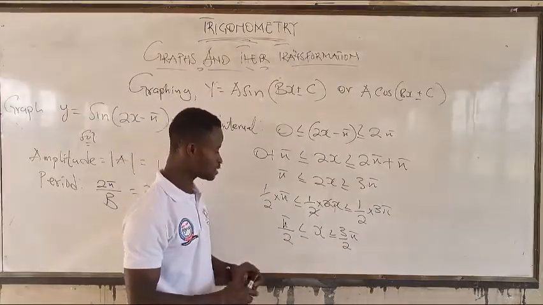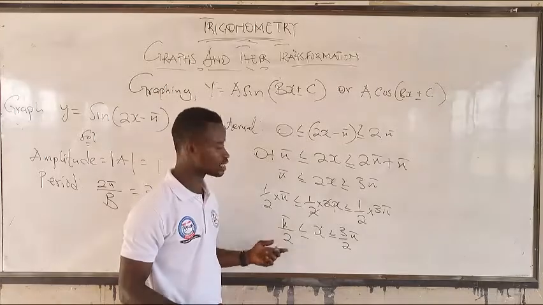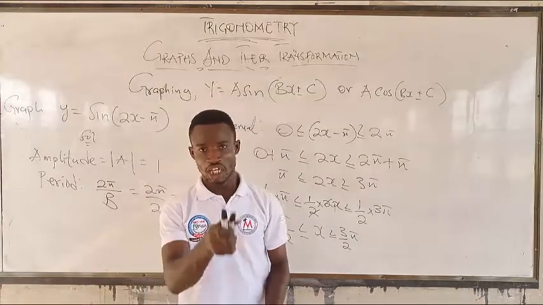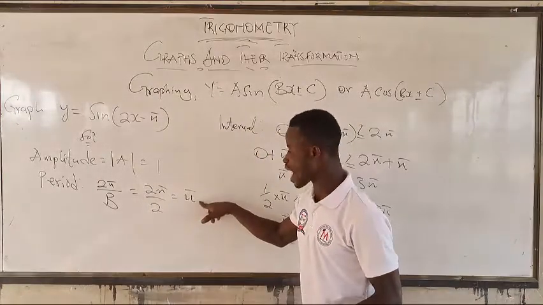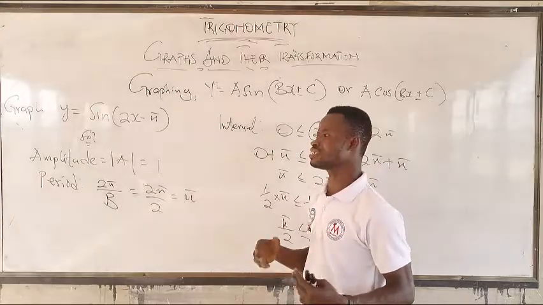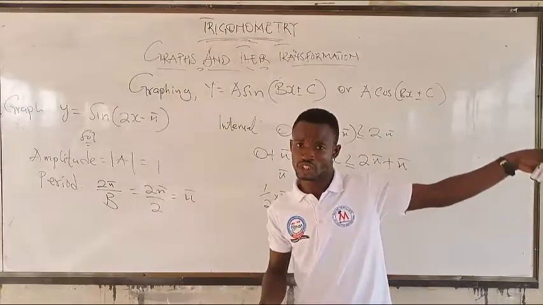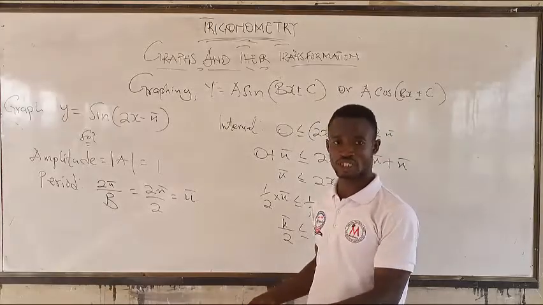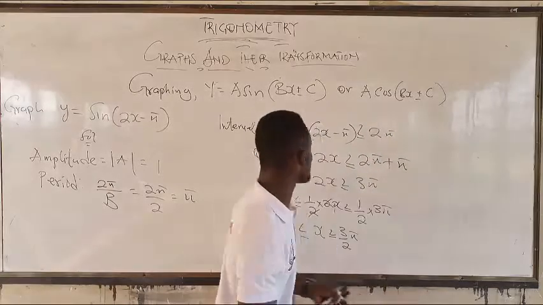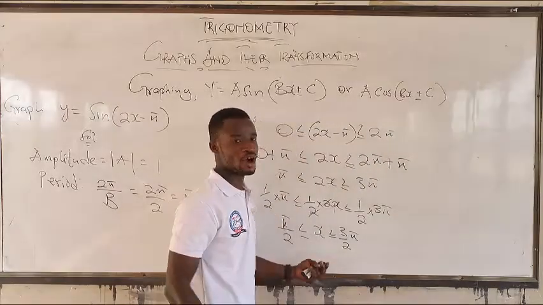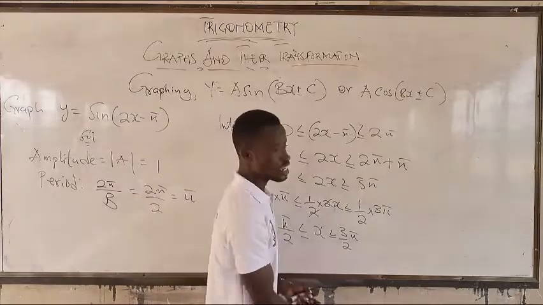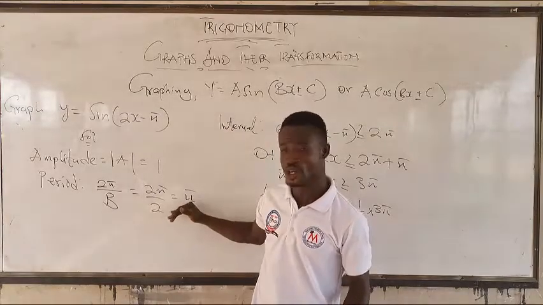Now you can see the left end point and the right end point. Even though our period is pi, it does not equal the right end point. This is the confusion of most students. Please, what we did in the previous video is not the same as what we are doing here. With the previous video, the right end point is going to be the period.